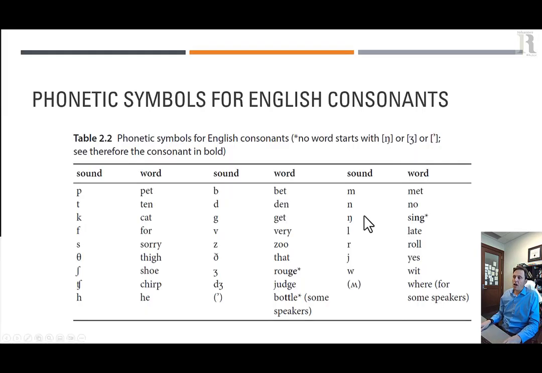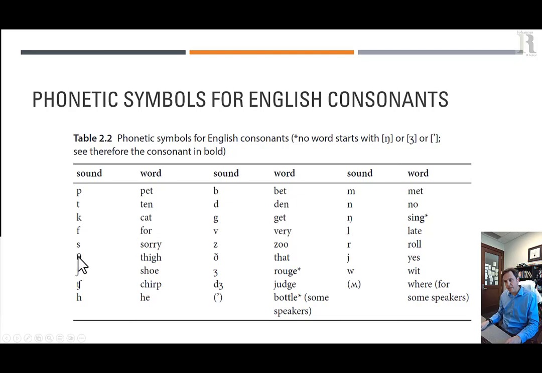Now, on the next slide, I'm showing you the phonetic symbols for English consonants. This is table 2.2. The phonetic symbols are a little different than the letters of the alphabet, and you'll see them going down the left. There's the sound for P as in pet, T as in ten, K as in cat, F as in four, S as in sorry.